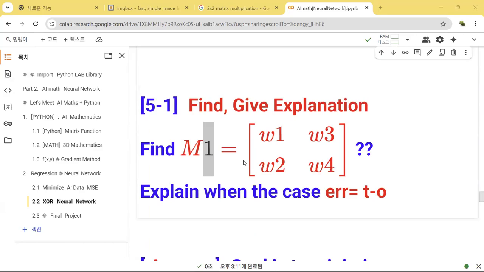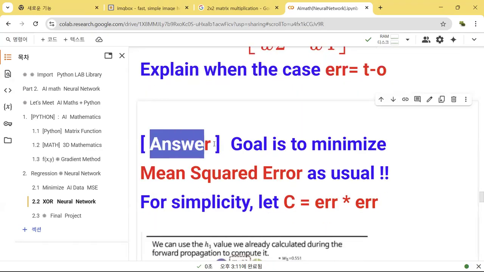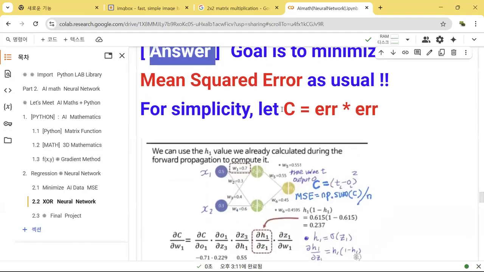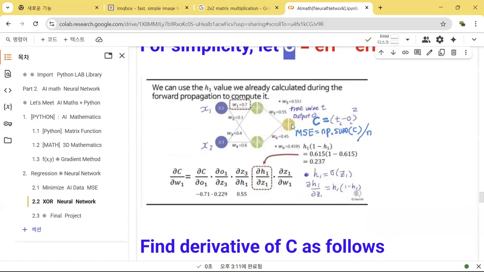to find out this matrix, okay, and explain the case ERR is T minus O. By the same method, this is the answer. Let's find out the derivative of C with respect to the variable. So for example, the first variable, W1, let's consider this one. And then please memorize this one by the chain rule.